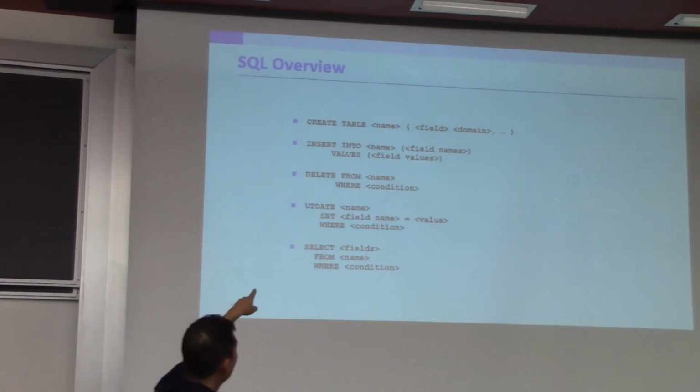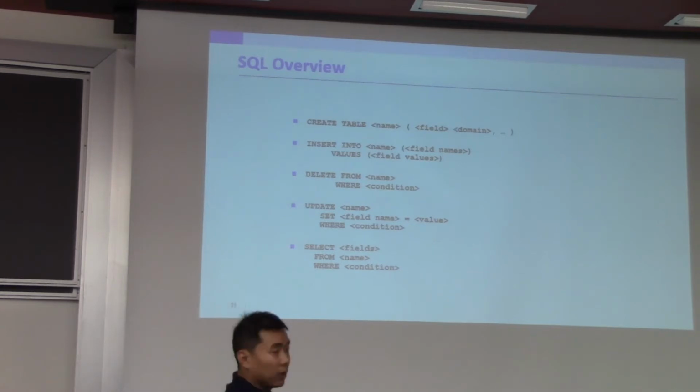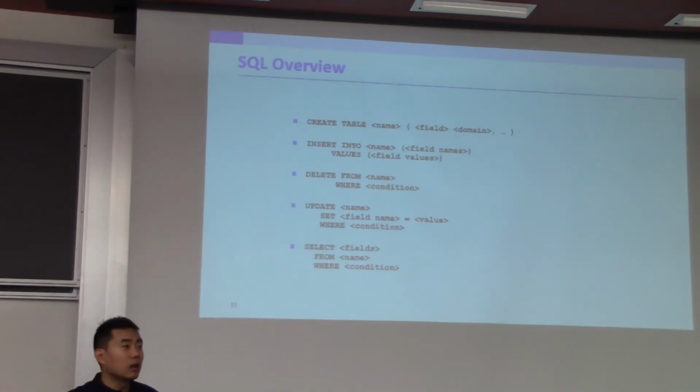That's create table. Insert into basically is to update a particular table with a new record, to insert a new record into a table, and so on and so forth. I'm not going to go over the list since we're going to dive into the detail of each of these. This is just a quick overview. Okay?